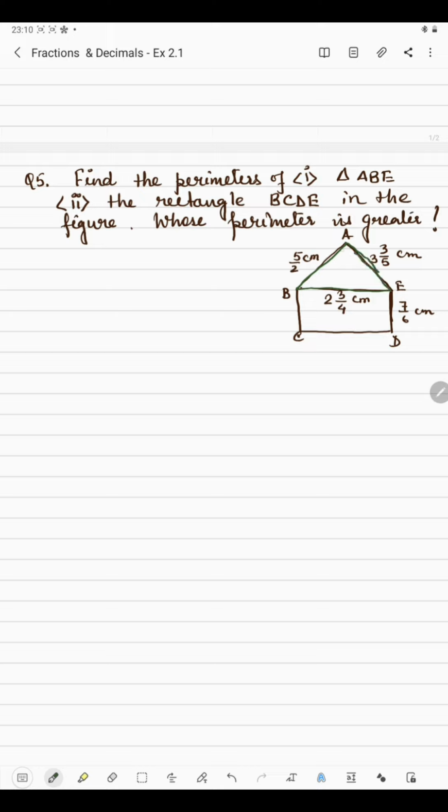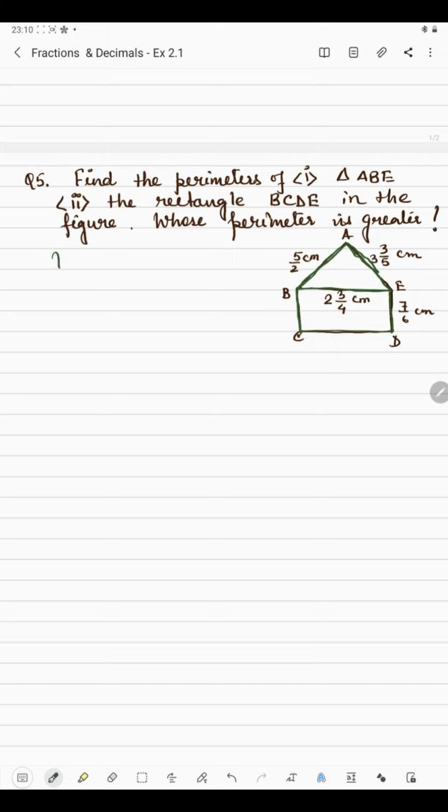Now what is the perimeter of this? Perimeter means the boundary. So we will have to find the boundary of this triangle at first, and then we will find the boundary of the rectangle BCDE. So we will have to find the perimeter. After finding the perimeter of these two, we will find the difference, that whose perimeter is greater.